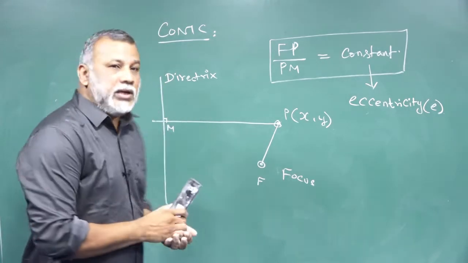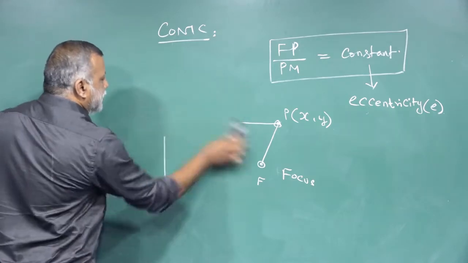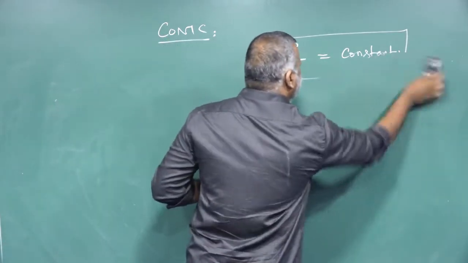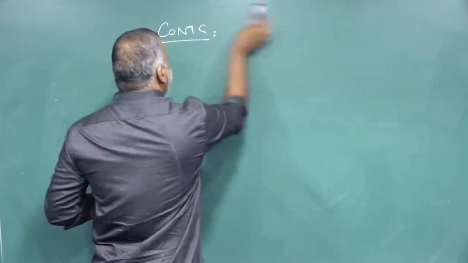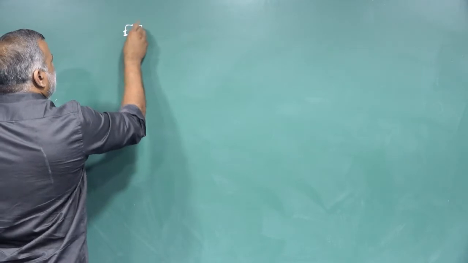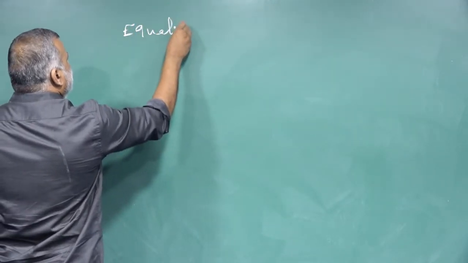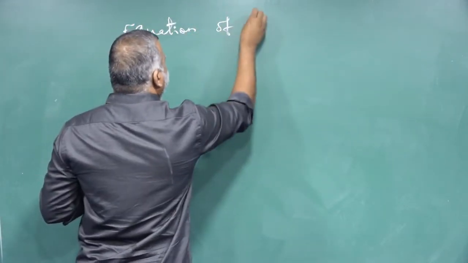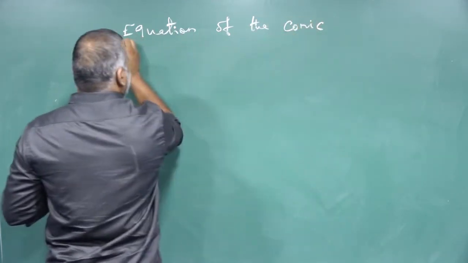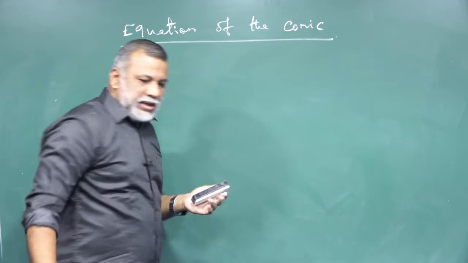Now we are going to find out the equation of the conic. First we explained the definition, now we are going to give the equation of this conic. This is the next heading: equation of the conic.